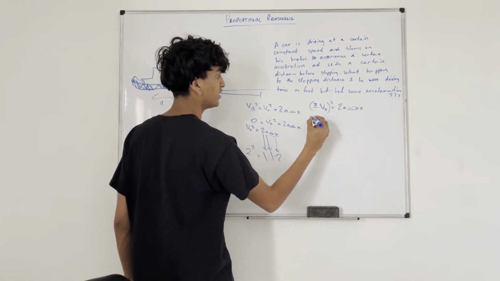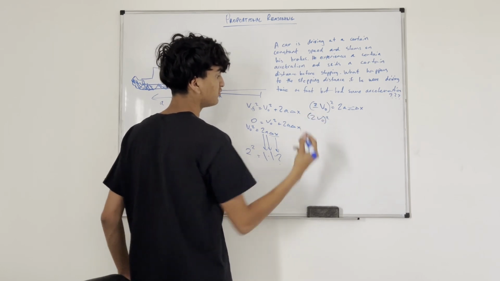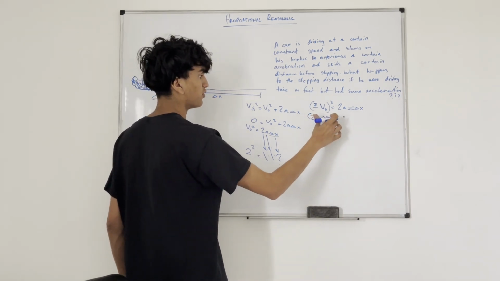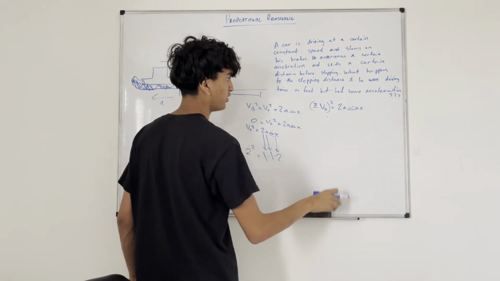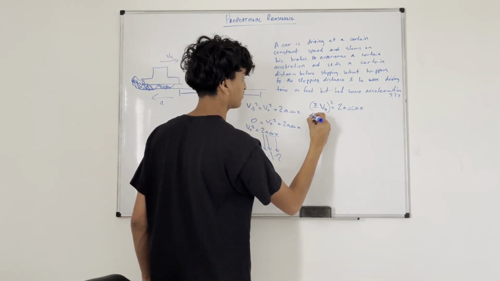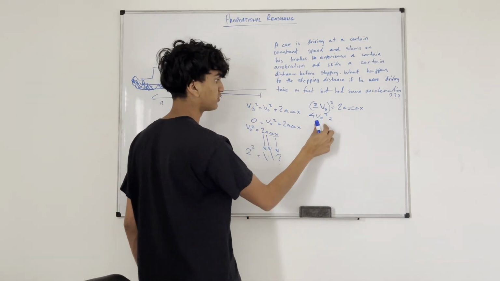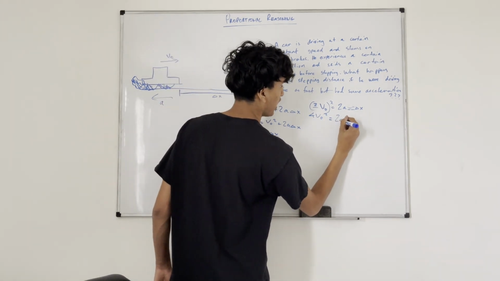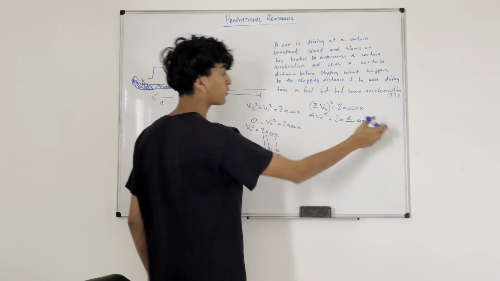You're not doing 2 v naught squared, you're doing 2 times v naught, squared. So that squared gets distributed to both, and you end up with 4 v naught squared. And in order to make everything equal, if I multiply this side by 4, I have to multiply this side by 4, and that ends up being 4 times the distance.